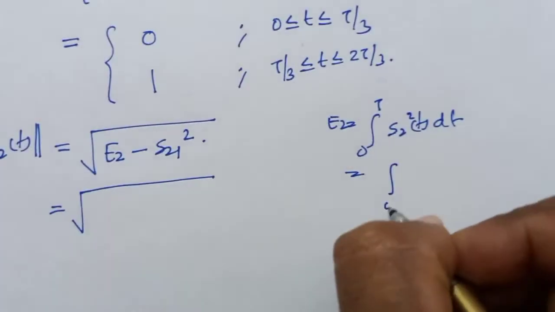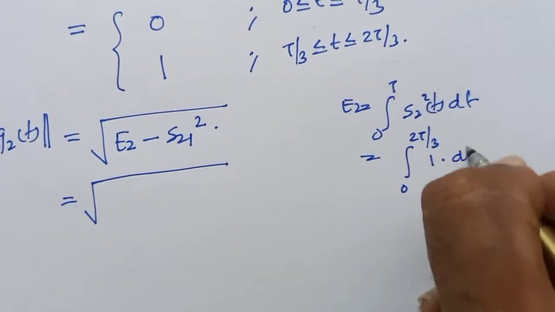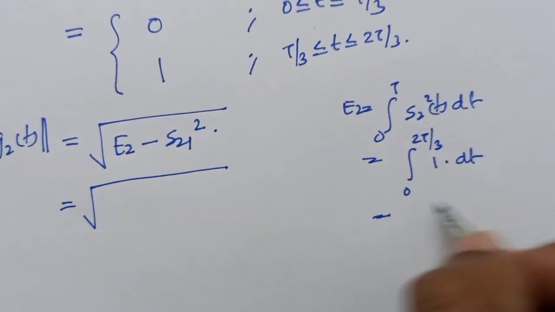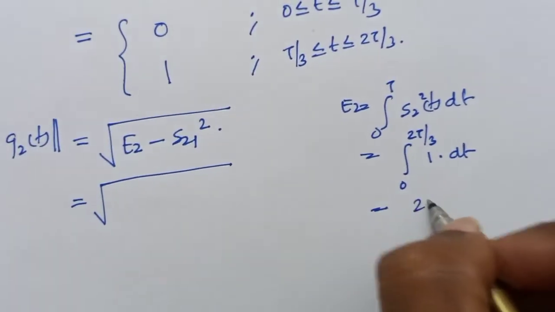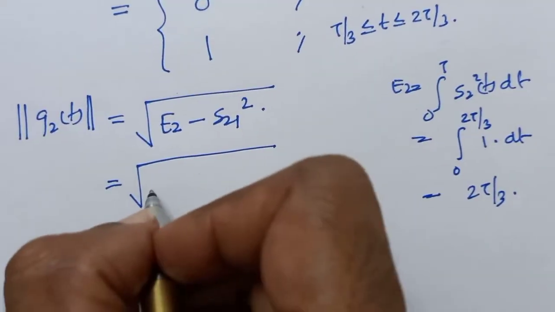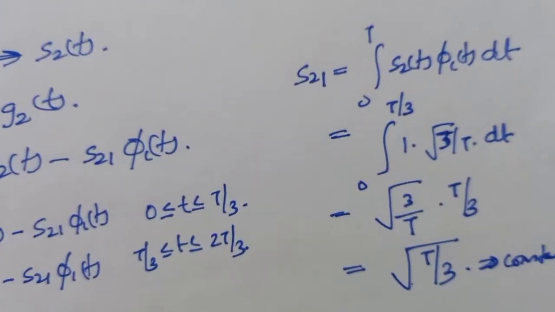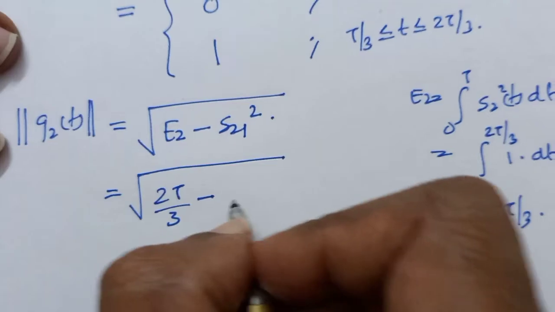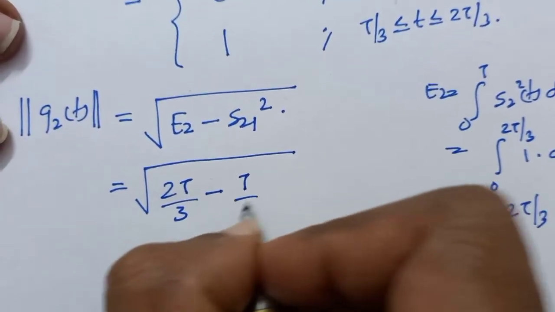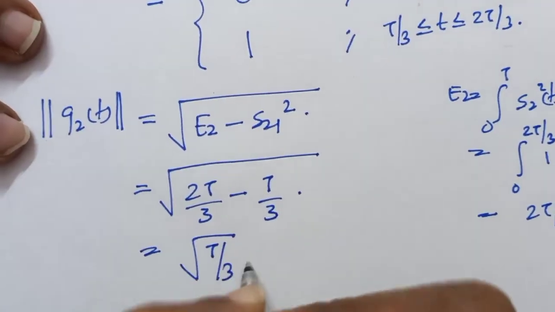So this will be equal to integral 0 to 2t by 3, S2 square is 1, dt. So applying the limit, we will get it as 2t by 3. Now, so we have E2 is 2t by 3 minus, what is S21? S21 is root of t by 3. So S21 square is t by 3.